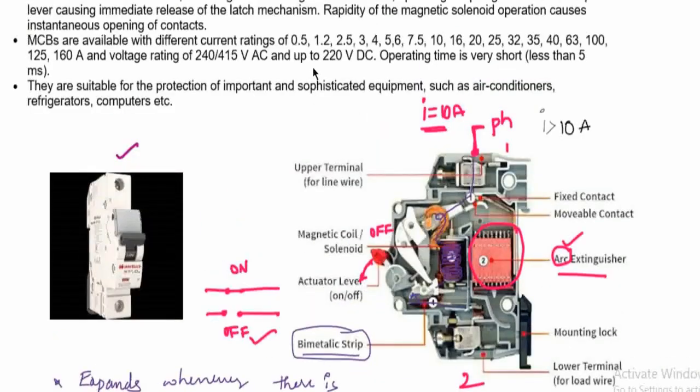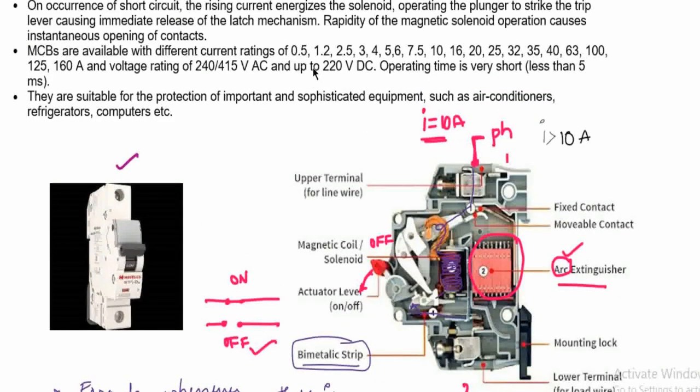So this is what is happening inside the MCB. The bimetallic strip is the important thing here. That bimetallic strip will expand whenever there is an overcurrent in the circuit. So we should not allow that overcurrent. To open the circuit, this bimetallic strip will expand, and that trips the MCB, so that the circuit will be open circuited.